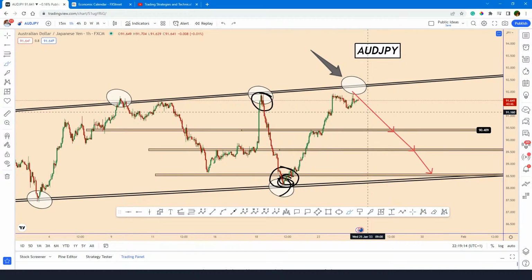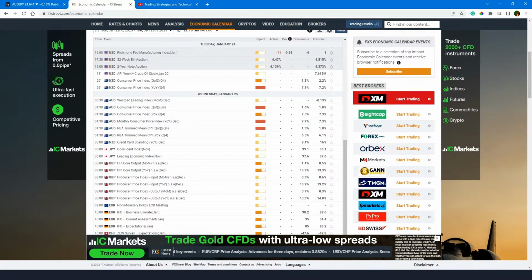The problem right now is that on Wednesday, we are going to have too many data from Australia. We are going to have consumer price index for the fourth quarter. It is very important. It was 1.8, it is expected 1.6. We have consumer price index again for the yearly.